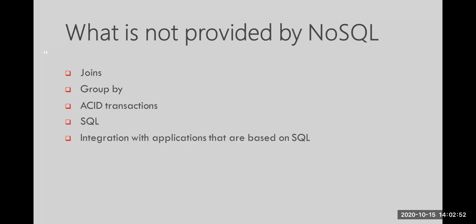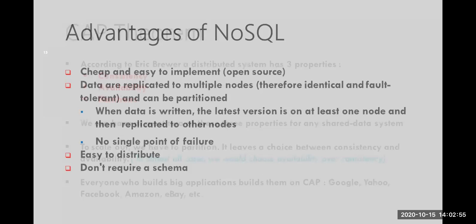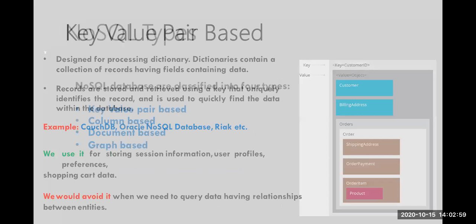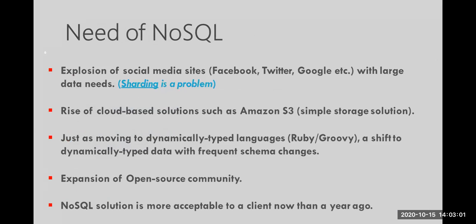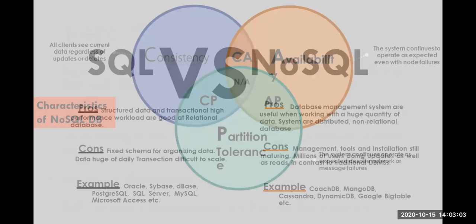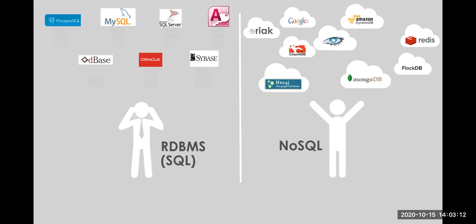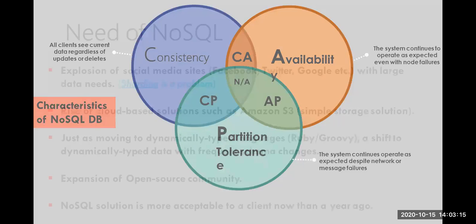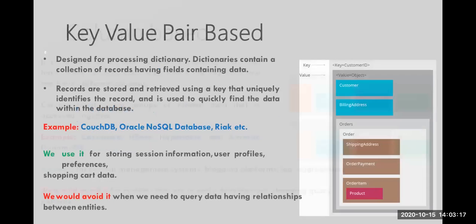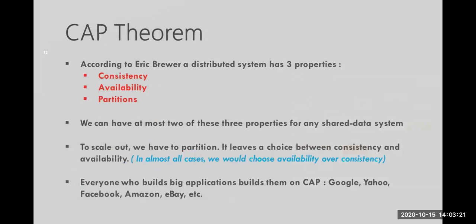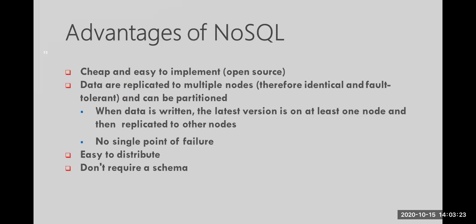We have seen what we mean by ACID: atomicity, consistency, isolation, and durability. We cannot guarantee these ACID properties 100% under NoSQL. You might have some of them, but you will not have 100% of the ACID properties.